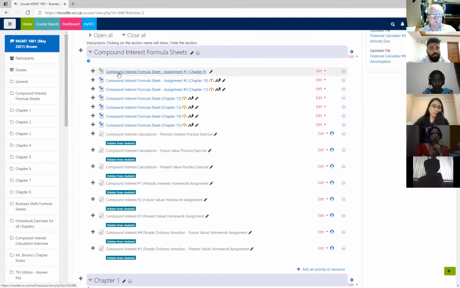It says compound interest formula sheet, assignment number 1, in brackets, chapter 9. Print out that formula sheet. It will help you a lot. And you want to read chapter 1 and chapter 9 to help you make sense out of all this material. And then by next Monday, you should have lots of good questions.